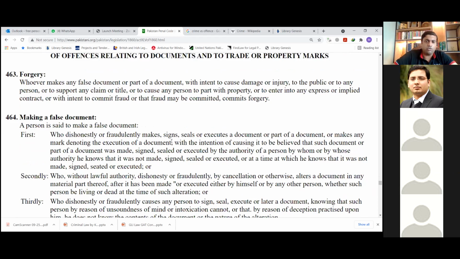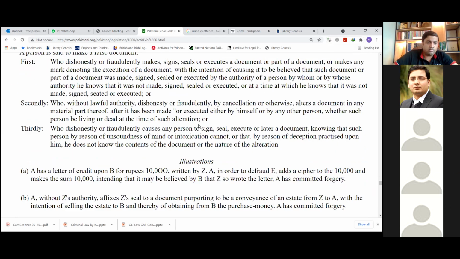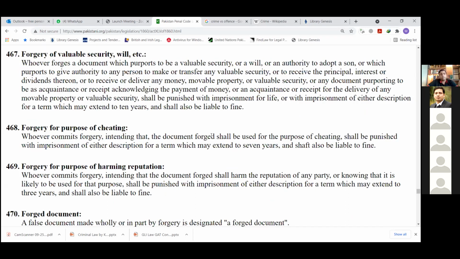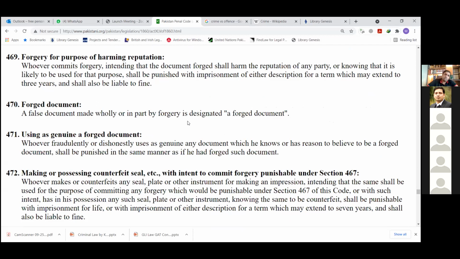Forgery is making a false document with intent to cause damage or injury to the public or to any person. And 468 basically is forgery for the purposes of cheating. That's why it is used with section 420. And 471 is using a forged document as genuine one.